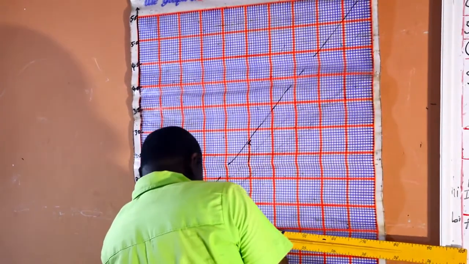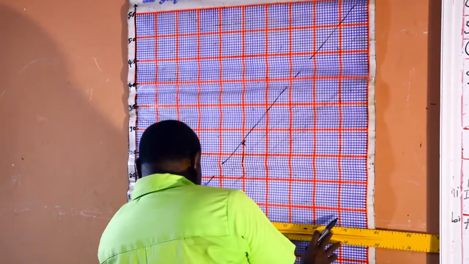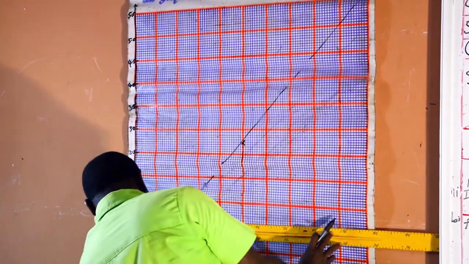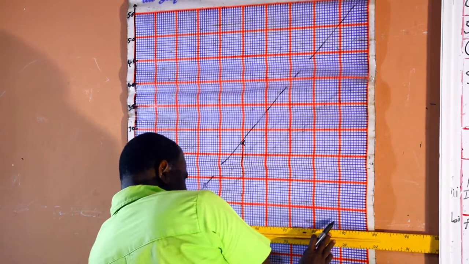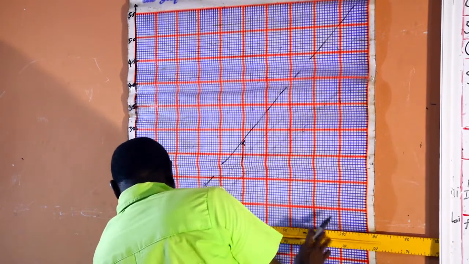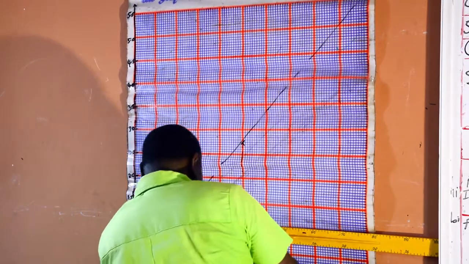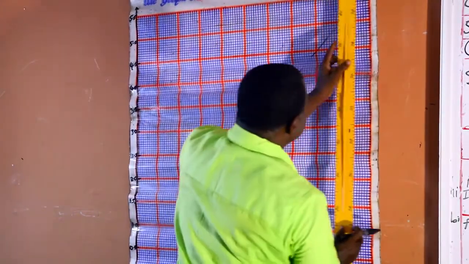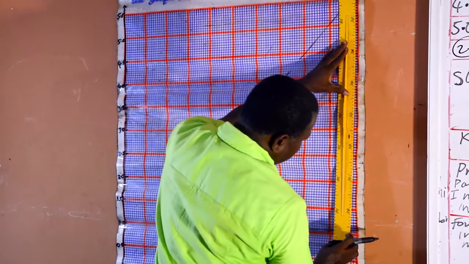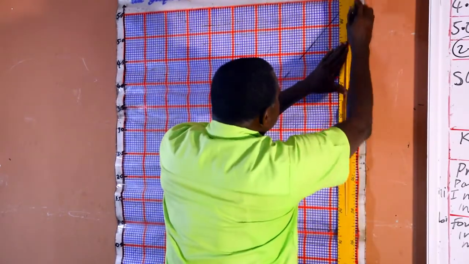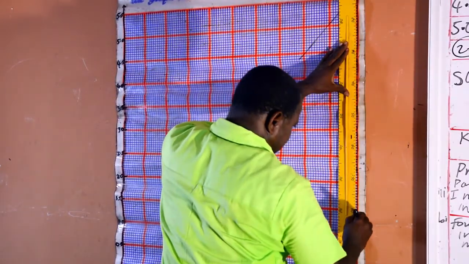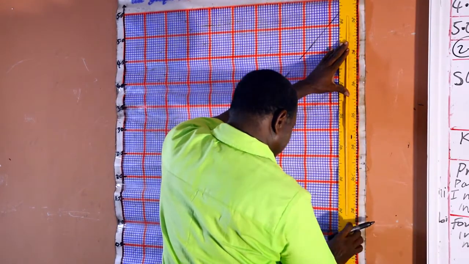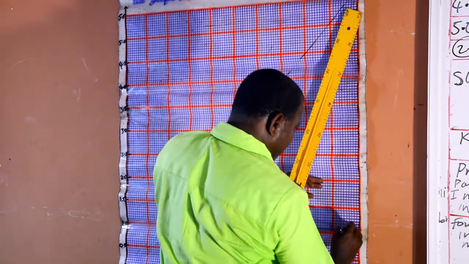So let us calculate our slope. Draw a very light triangle to calculate your slope. It's a right angle triangle.